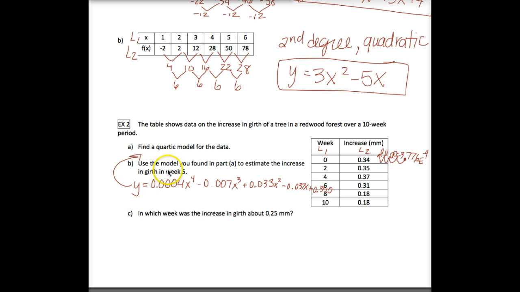Then it says, use the model you found in part A to estimate the increase in girth in week 5. Now, week is your x variable. So yes, you're plugging in x equals 5. However, if you haven't been using this trick already, you probably want to do it now that we're at Quartic, because this is going to be a lot of work otherwise. If I plug in that 5, I've got a lot of multiplying to do, a lot of pressing in my calculator.